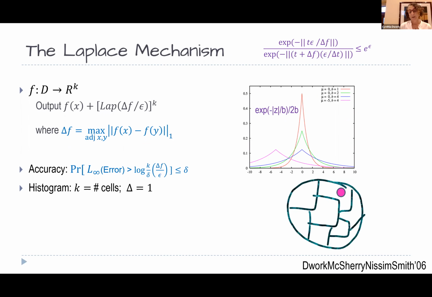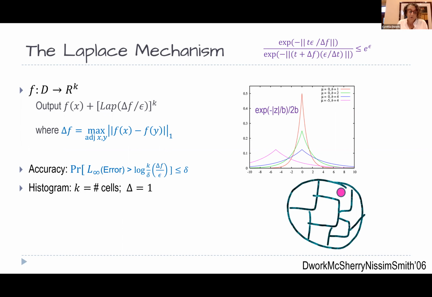On the other hand, a very important class of queries are histogram queries, where we take the space, whatever the space is, maybe it's incomes, and we divide it into cells. How many people have incomes in this range? How many people have incomes in this range? For these disjoint ranges, right? So we can have an arbitrary collection of cells.